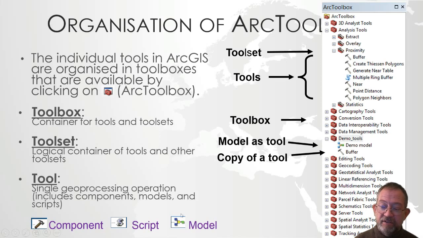And finally there is the model symbol that indicates that the tool has been created using the model builder. But independent of its symbol and how it's been created, they are tools with the same right, they function in the same way, can be used in the same way. So you don't have to worry about the symbol of the tool.